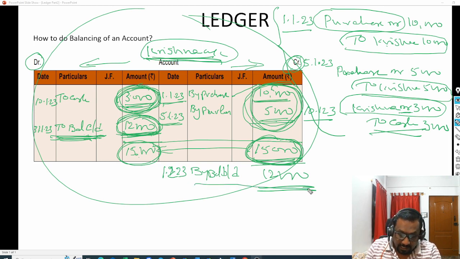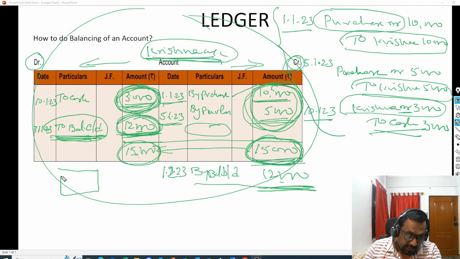In February month, I am supposed to settle 12,000 rupees to Krishna. So if the balance carried down is coming in debit side, brought down should come in credit side. If the balance carried down comes in credit side, brought down should come here in debit side.